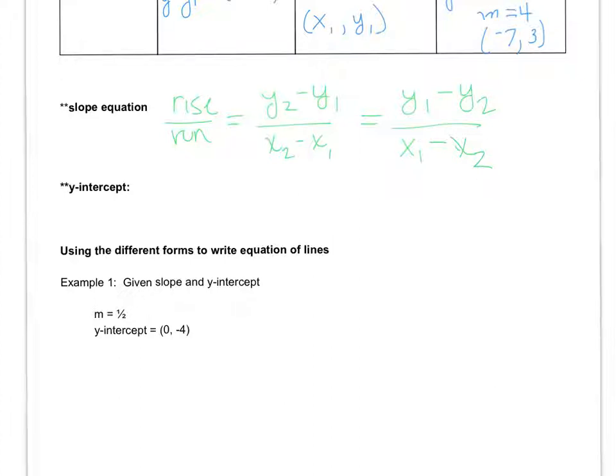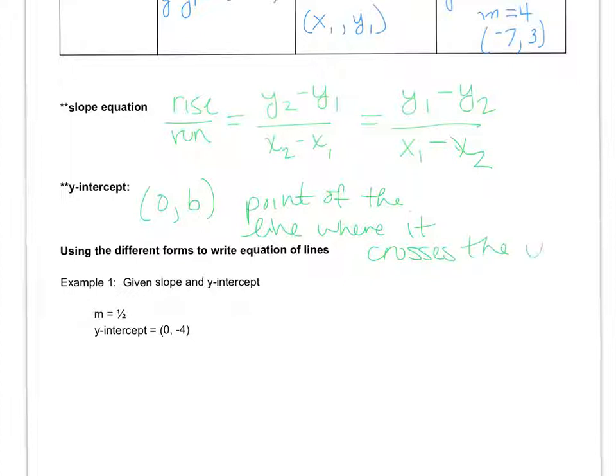Your y-intercept is the point where the line crosses the y-axis, so 0, whatever that b value is. I'll give you a few seconds to copy that if you need to.